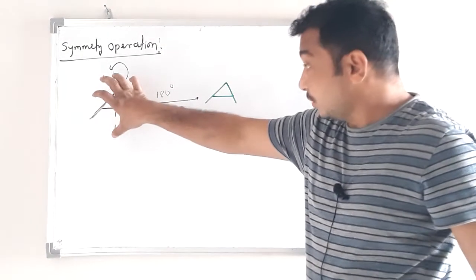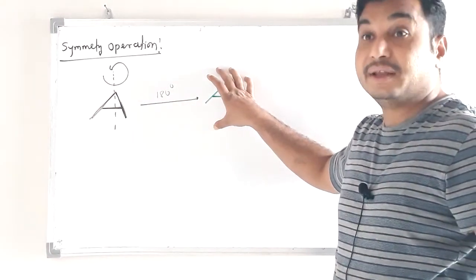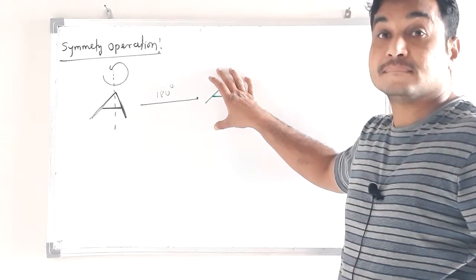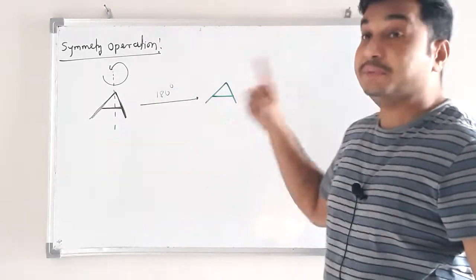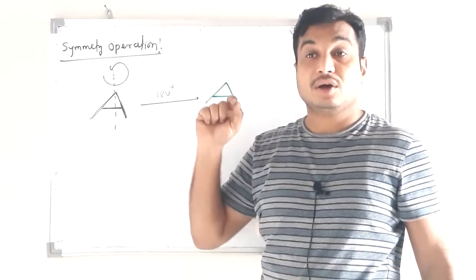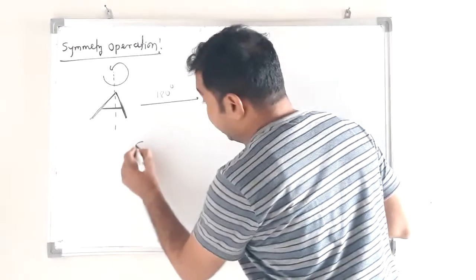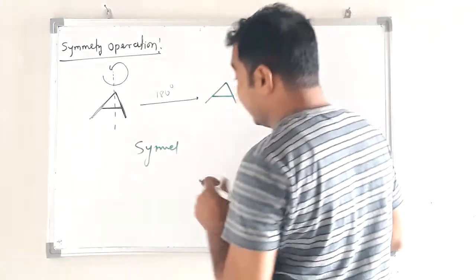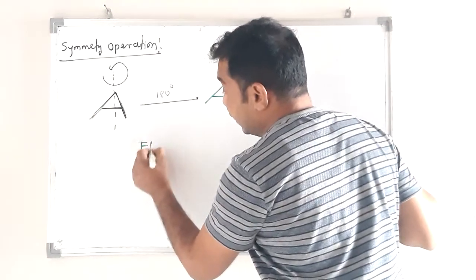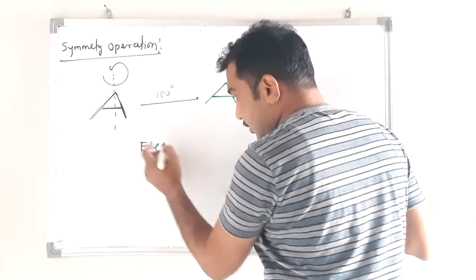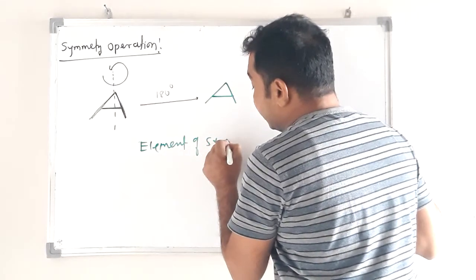Are they superimposable? If we put this A on this, there is perfect matching. Then whatever operation performed is a symmetry operation, and this A is said to have an element of symmetry. Then this A is said to possess an element of symmetry.